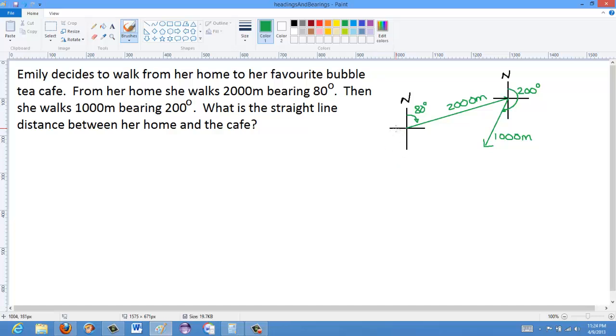Now the question asks, what is the straight line distance between her home and the cafe? I'll put an A here to say that's where she started, B is where she stopped, and C is where she ended. Maybe C could stand for cafe. So what is this distance? That's what it's asking, the distance on the purple line.